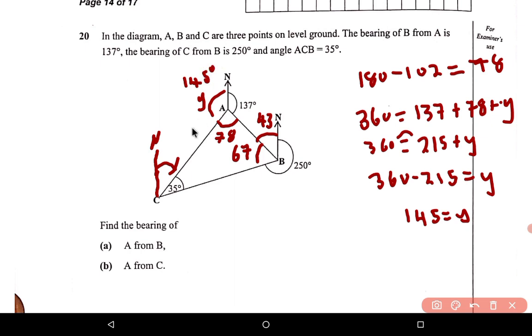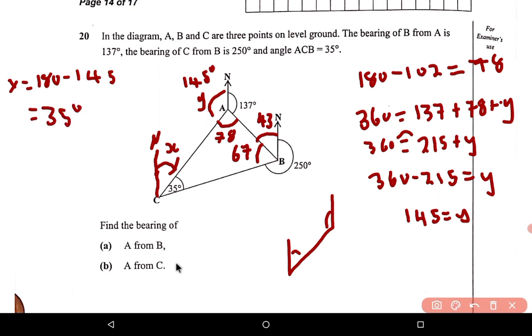Now remember, this and this, similar to what we had done, add up to 180. Let's call this one x. So this and this should give us 180. So x will be equal to 180 minus 145, and you get 35 degrees.